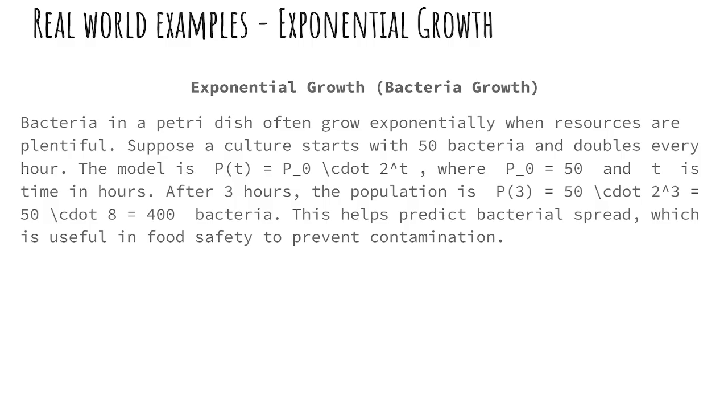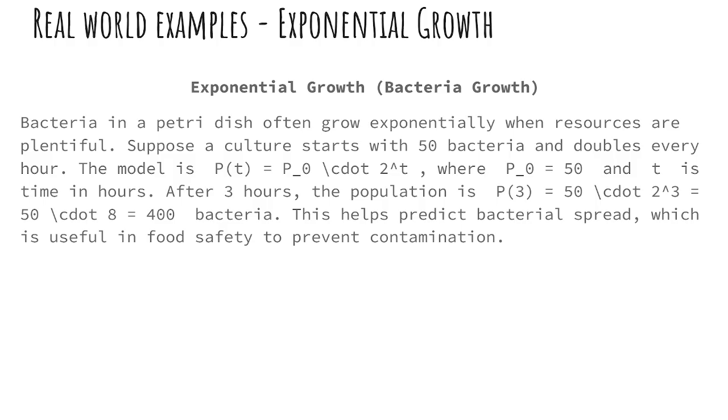So suppose your culture starts with 50 bacteria, and it doubles every hour. So the first hour you will have 50, the second hour you will have 100, 150, 200, and so on. The model is P of t is equal to P subscript 0 times 2 to the power of t, where P subscript 0 is equal to 50 because 0 is the same as 1 hour.